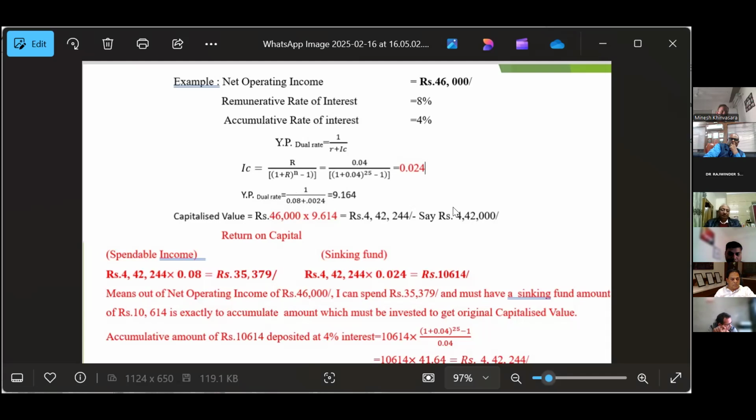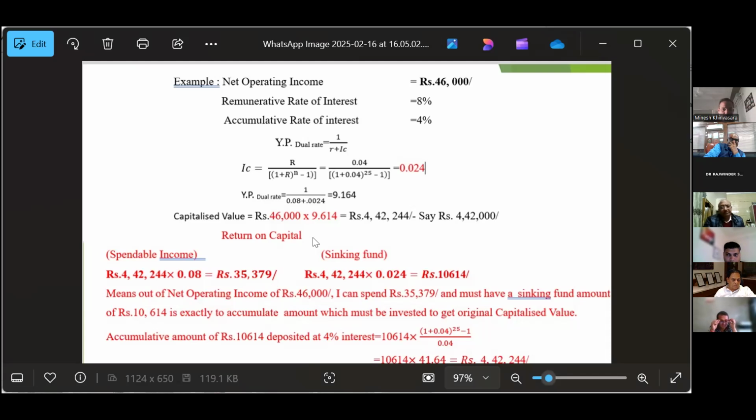Now see here, sir, out of this 46,000, some portion will be spendable income and some portion is to be deposited in the bank in the form of sinking fund. How is this done?